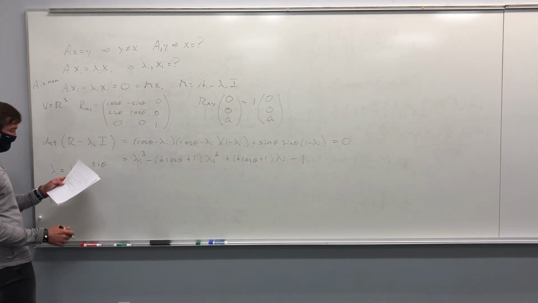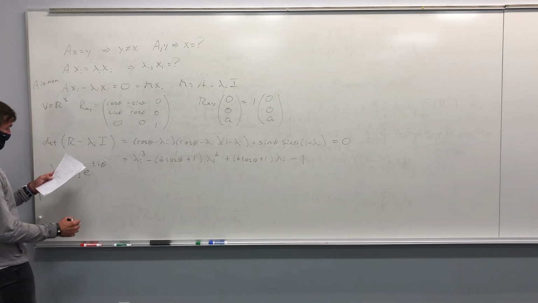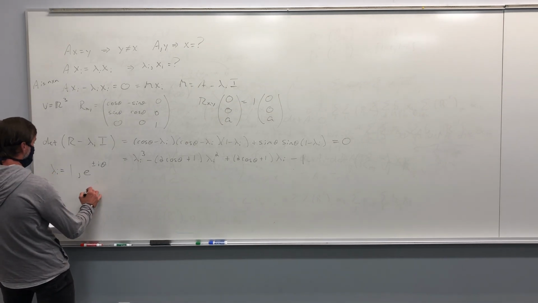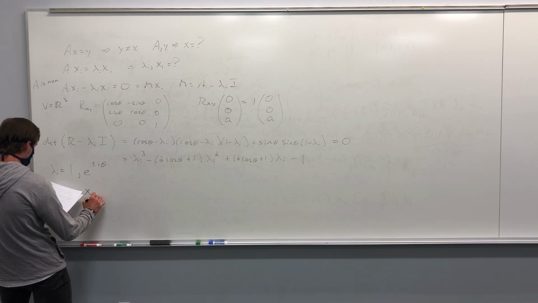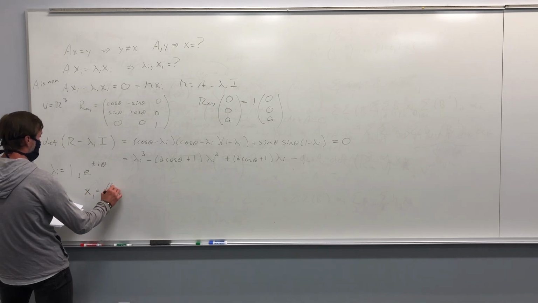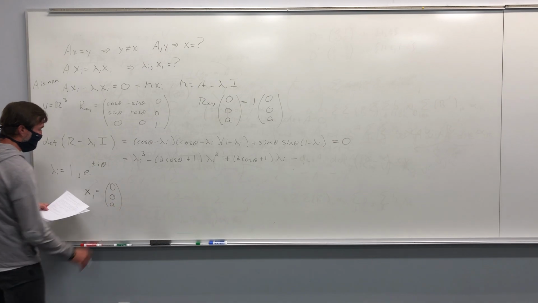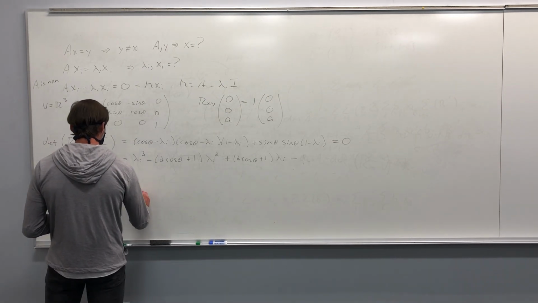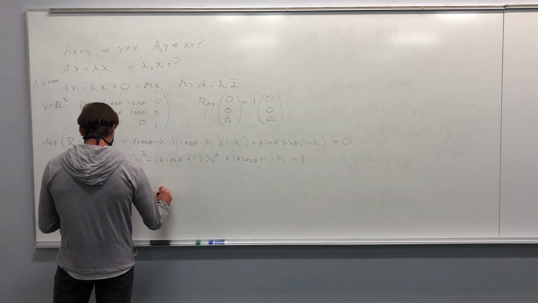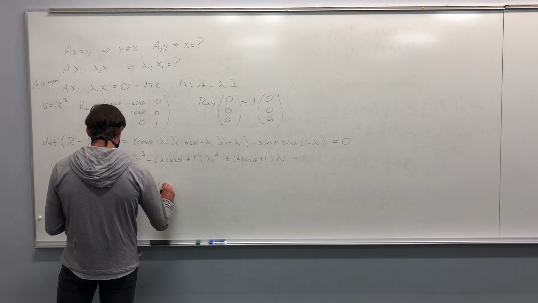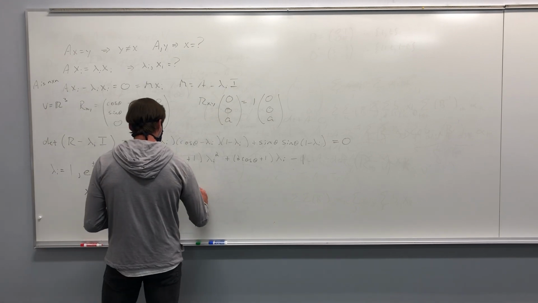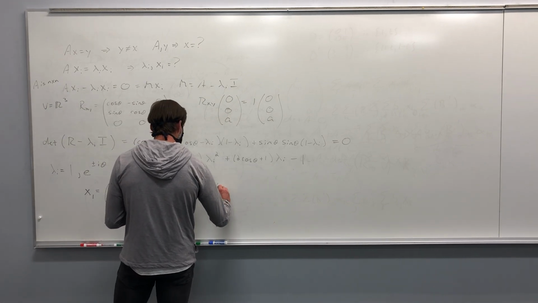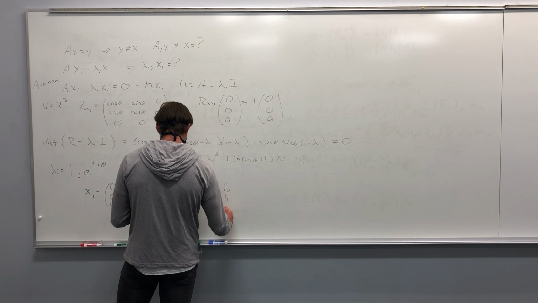And what you find, and I do this in the notes in detail, but I'll get you out of here on time, is that x1 is, of course, 0, 0, a, where a is along the z-axis. x2 is a, minus i a, 0, and x3 is minus i b, b, 0.